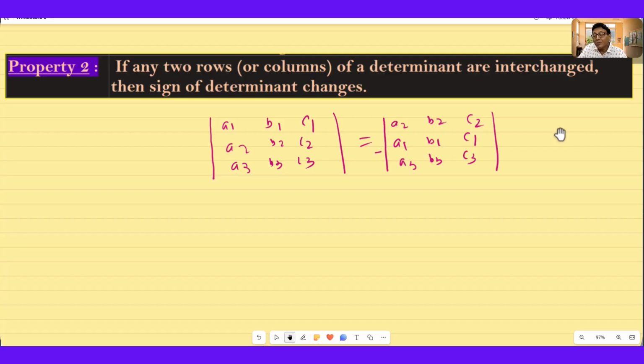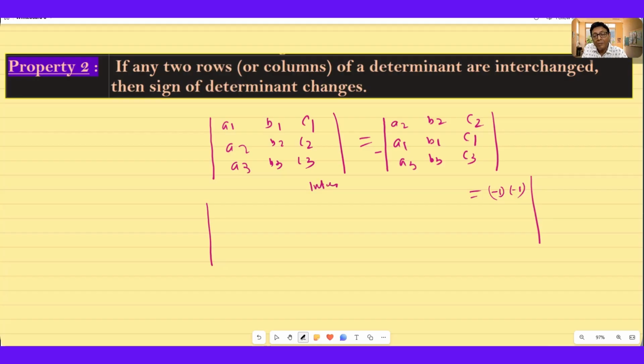So if you do this interchanging of two rows once only, then there will be a minus sign. Suppose somebody has done this step, interchanging this with this, then this with this. It means if we exchange between these two rows, then there will be -1 into -1, and the value will be +1. What did we do there?